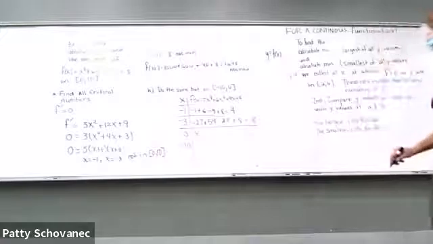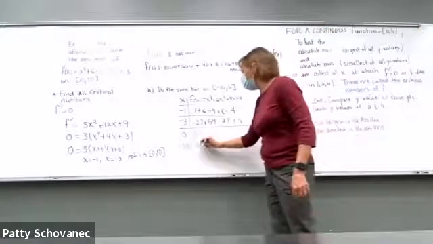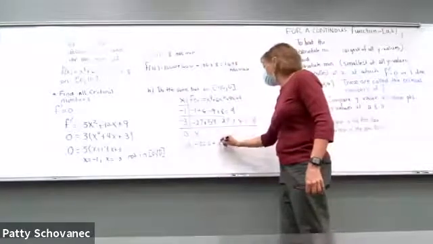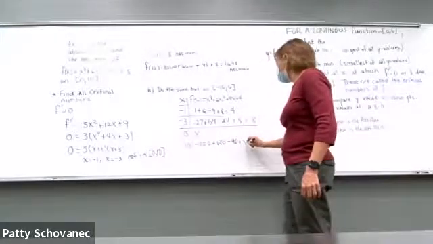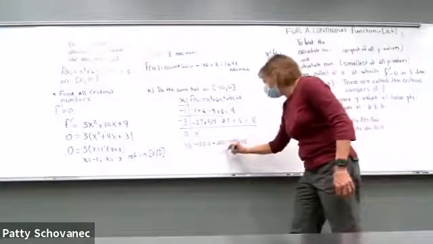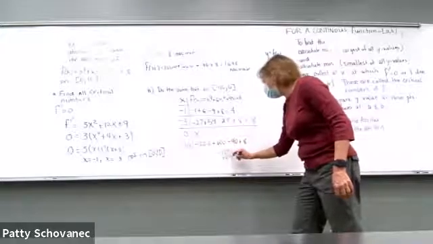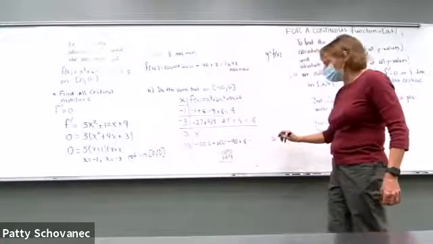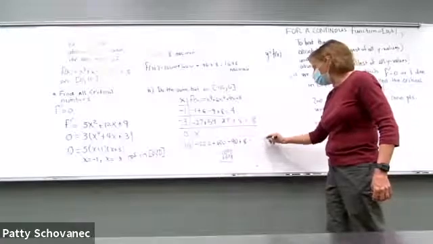And now let's check f of -10. -10 cubed is -1000. Then I get a positive 600 minus a 90 plus 8. So that's a -1090 added to 608. That's going to be a positive, I don't know, maybe a 482.